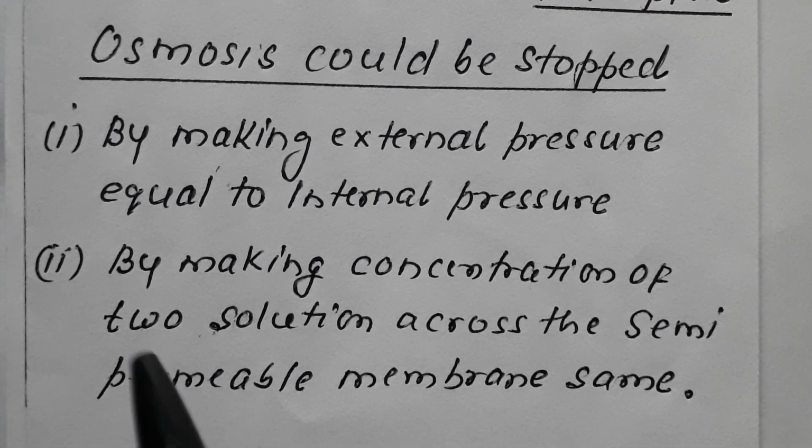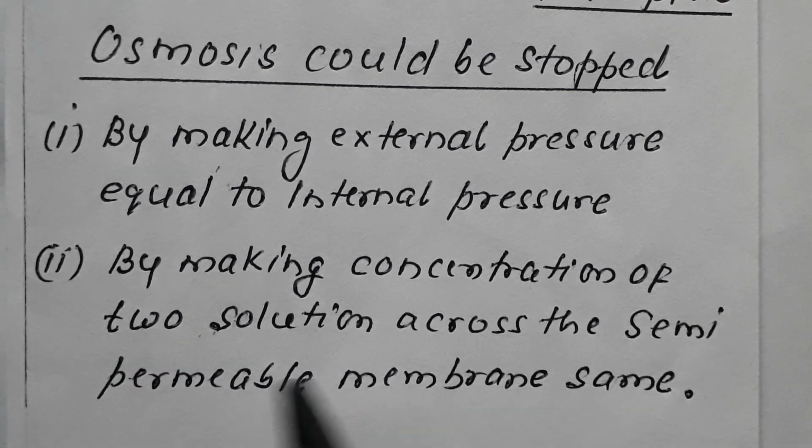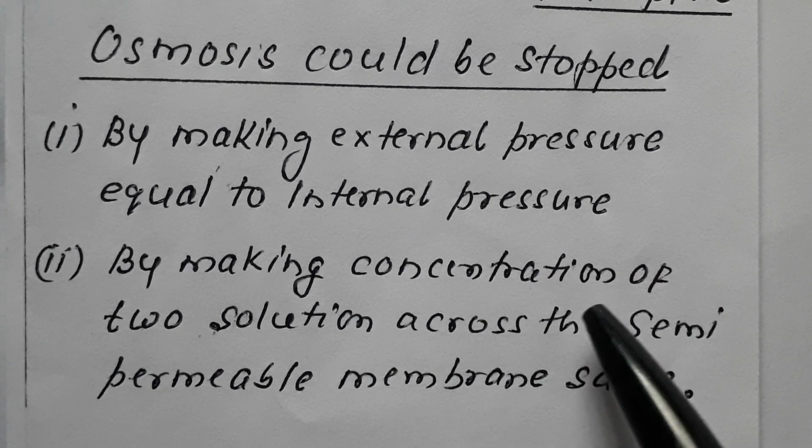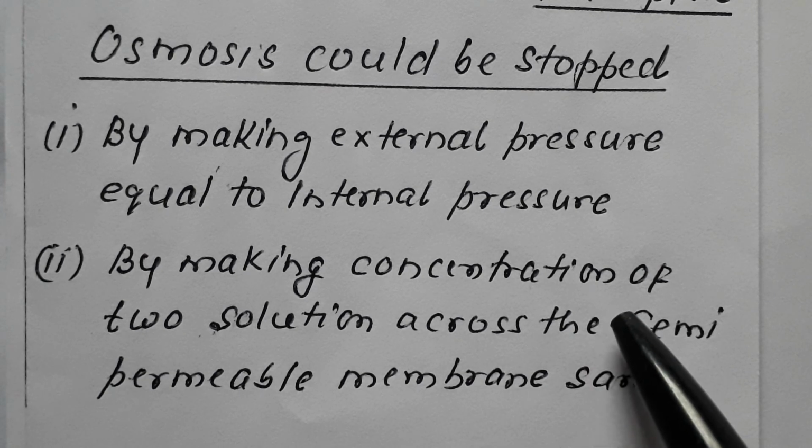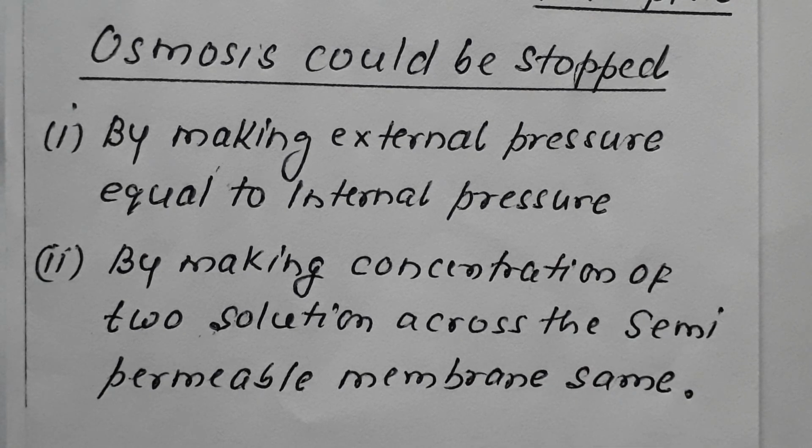And the second way is by making the concentration of the two solutions across the semi-permeable membrane the same. If the concentrations of the two solutions across the semi-permeable membrane are made the same, then also osmosis will stop. That is when the two solutions become isotonic to one another.